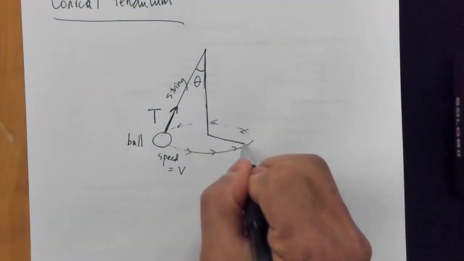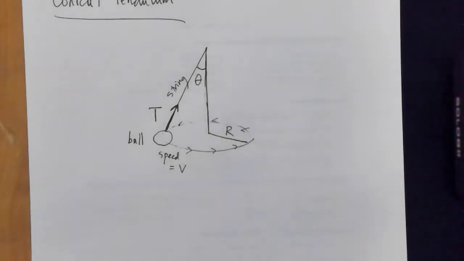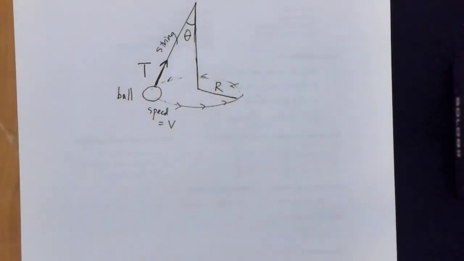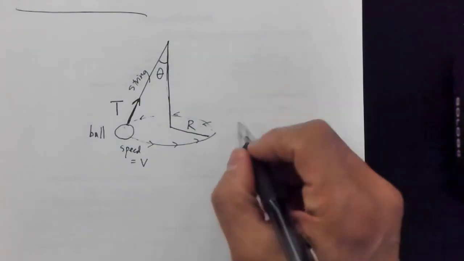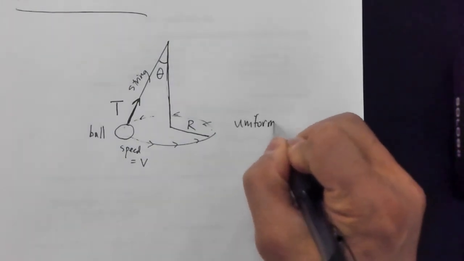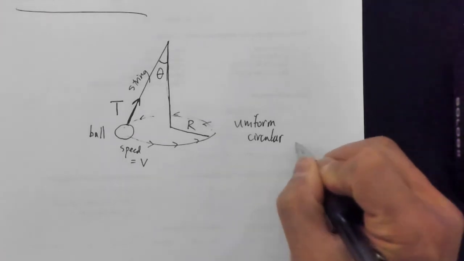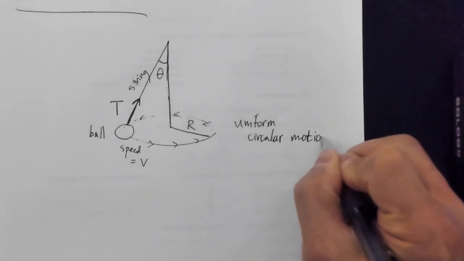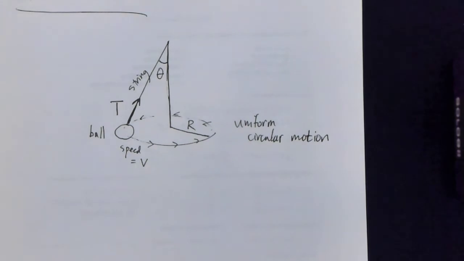And then we have some radius capital R. Okay, so the ball moves around with uniform circular motion. And I'm going to derive a relationship between the angle and the required speed of the ball. It will also involve the radius.